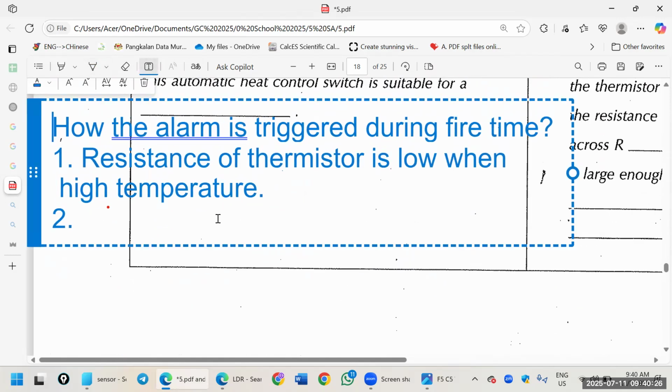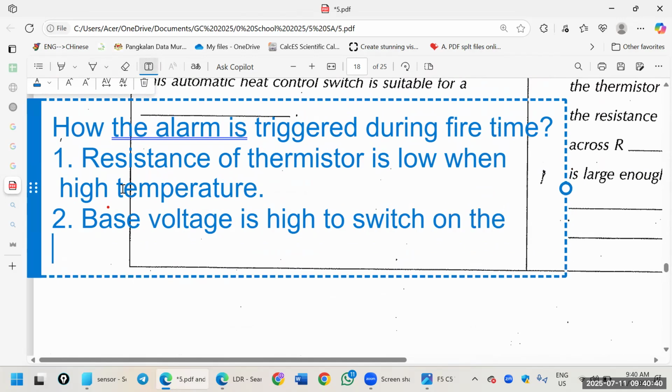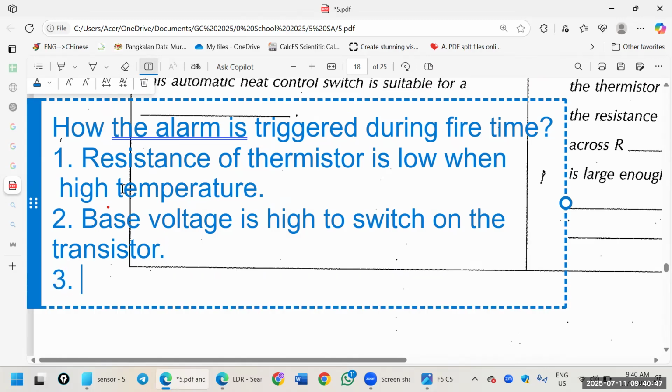So we say the base voltage is high to switch on the transistor.